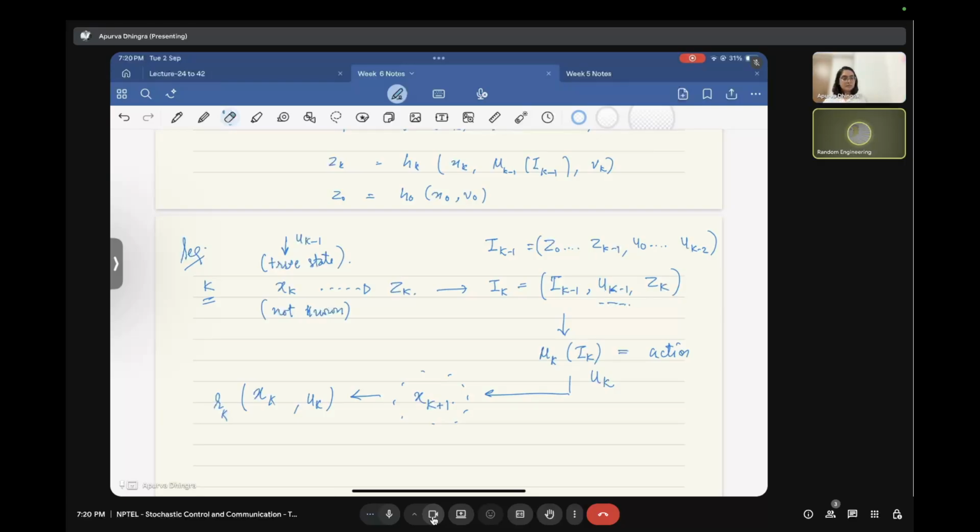Just a thought, if reward is invertible, we can take xk and uk, but it may not be possible. Typically, it's not. Reward will give you something to infer. Meaning, if a particular action led to a good reward, that must be a good state wherever it reached.